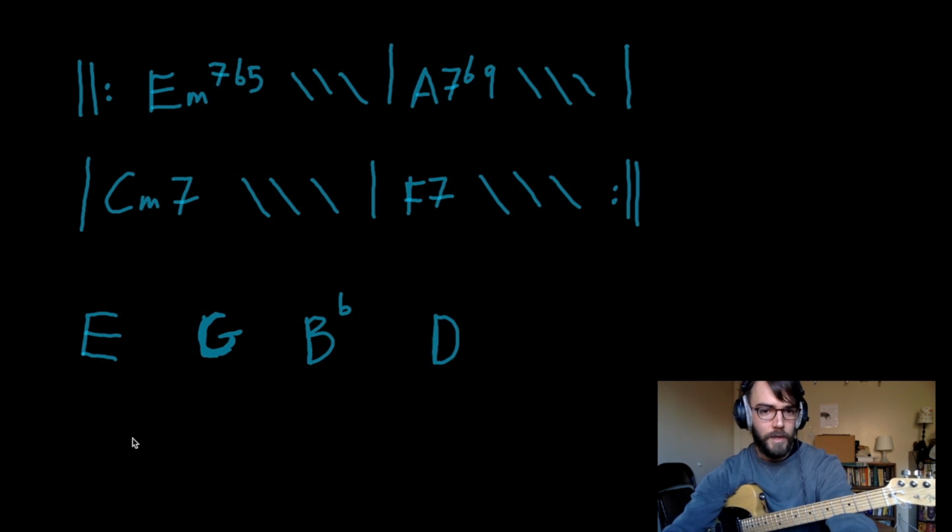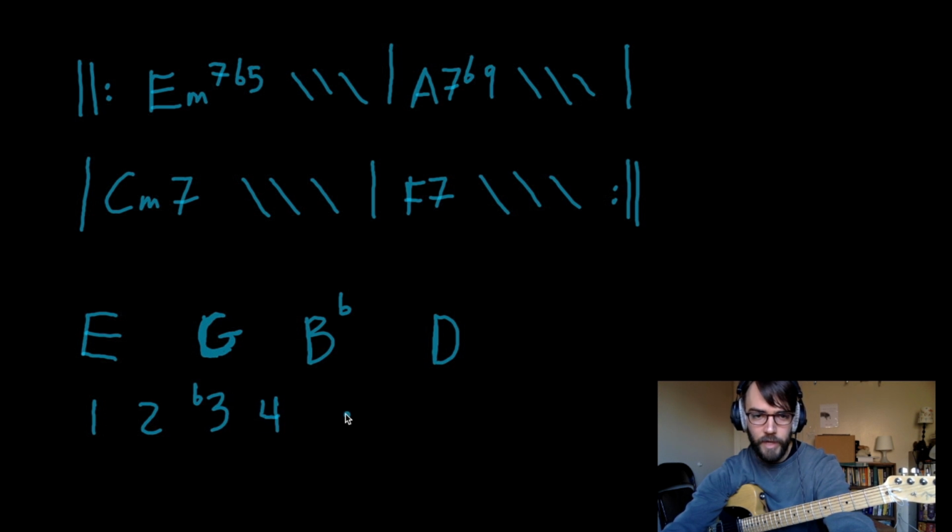Okay. So looking at this already, we have a big hint as to what we might be using. We can stop there for a second and go, okay, well, looking at the chord, if we were to fill in these numbers here, the key of E has a G sharp in it, but in this case we have a G, therefore it's a flat third. We don't know about the 2 or the 4 yet.